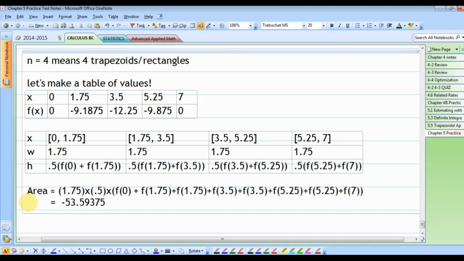So really, 1.75 times 0.5 times, and then now do that, okay? 0 plus, you said 4 of them? Yeah. 4 times negative 9.18 plus negative 2 times negative 12.25, right?